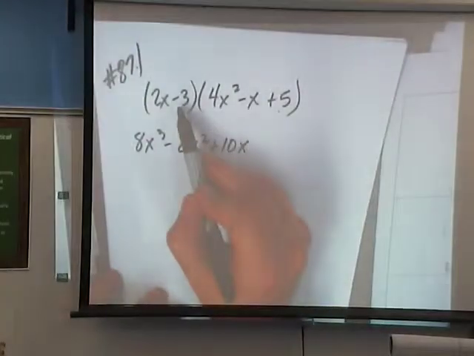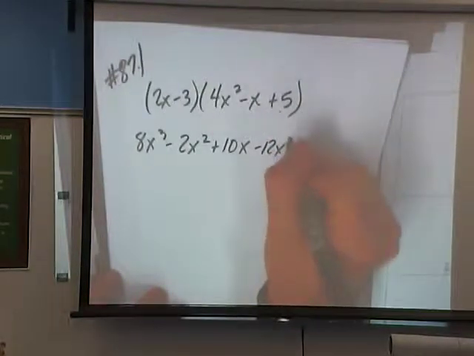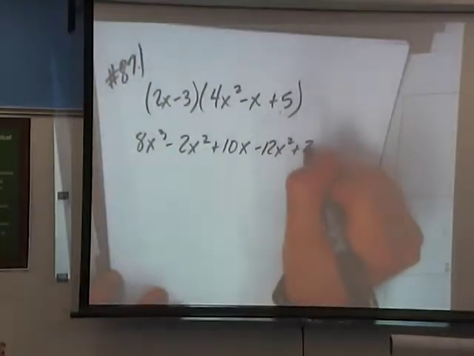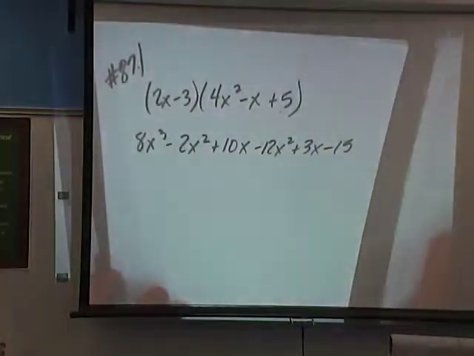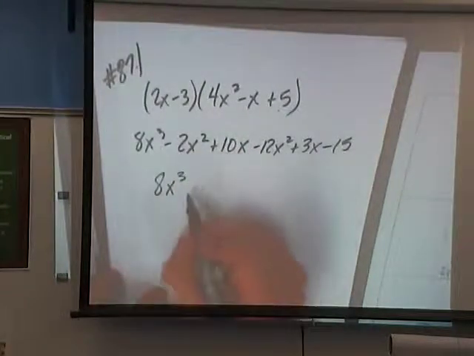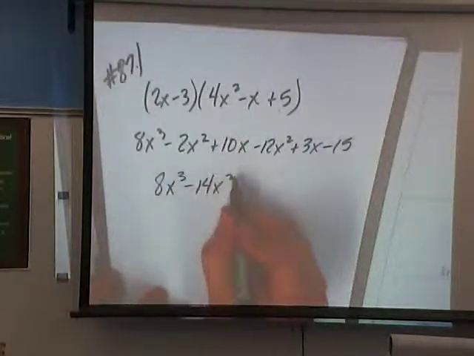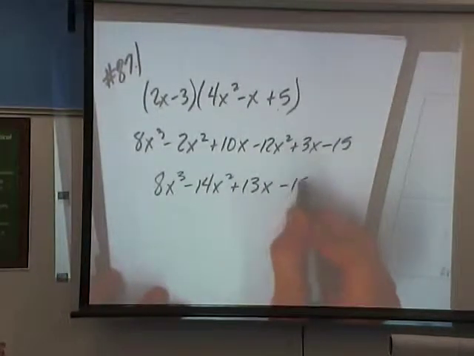Then I'll move on to the negative 3 and multiply that by everything in the polynomial. So it'll be minus 12x squared plus 3x minus 15. Then we combine like terms. I got 8x cubed minus 14x squared plus 13x minus 15.